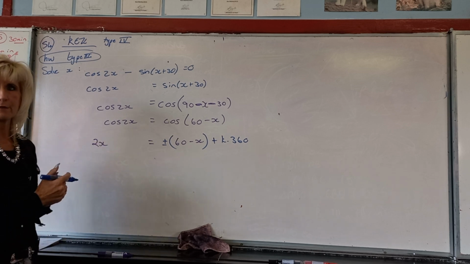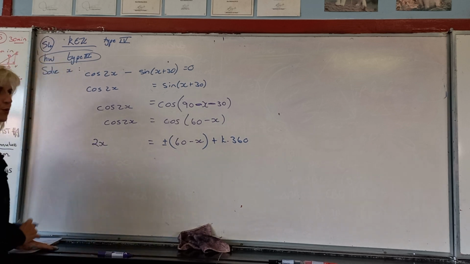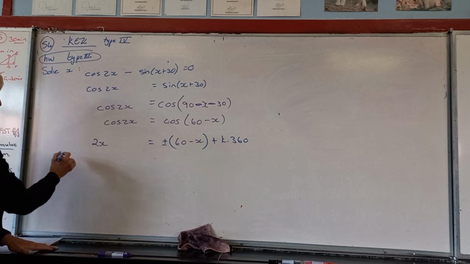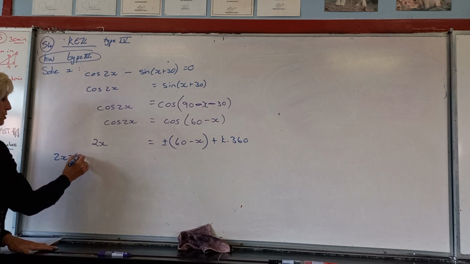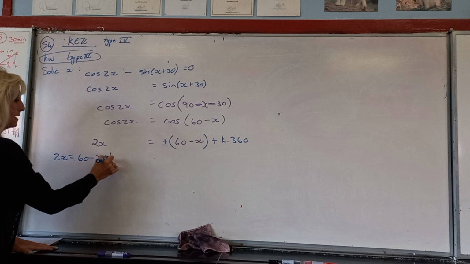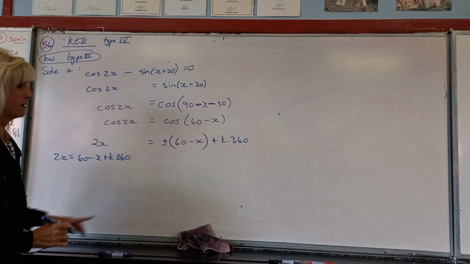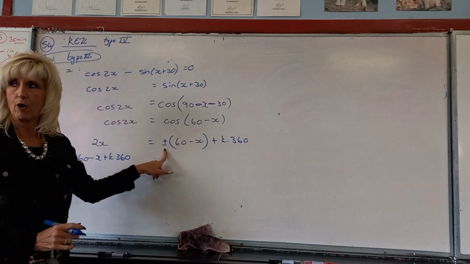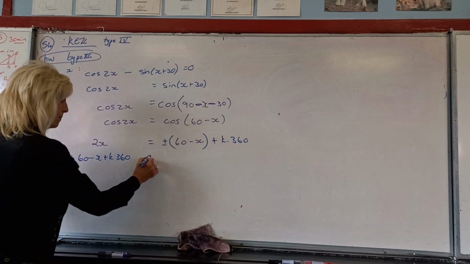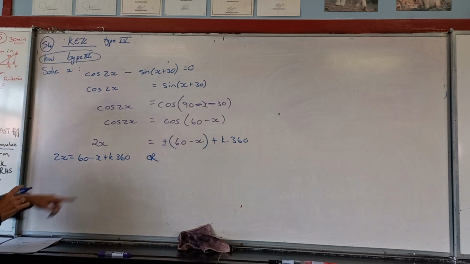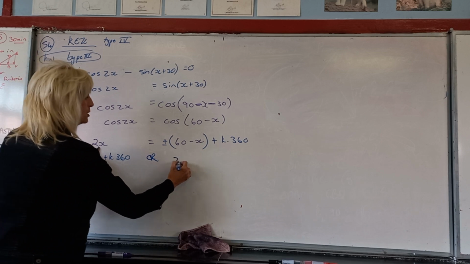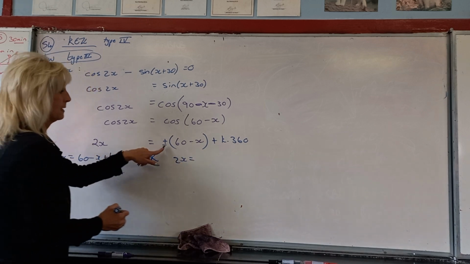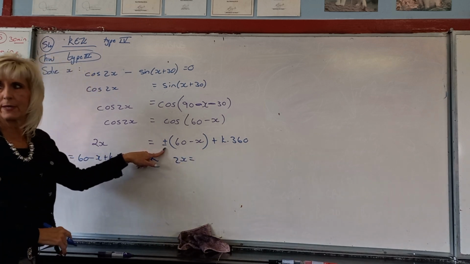Now there are 2 answers here. So we've got 2x equal to 60 minus x plus k 360. That's when I take the plus option. Or, if I take the minus option, I write down 2x is equal to negative. Now can I save time again?